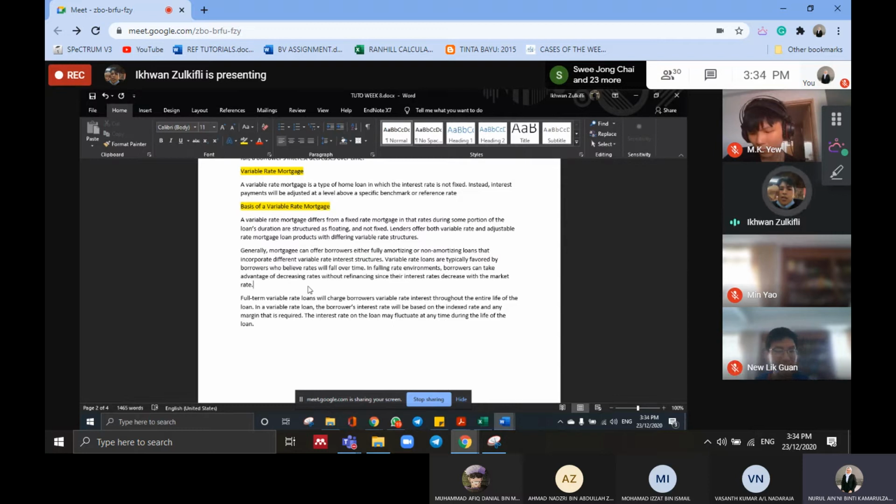Well, non-amortizing loans, like the amortization is not fixed. Yeah, but how about fully amortizing and non-amortizing loans?